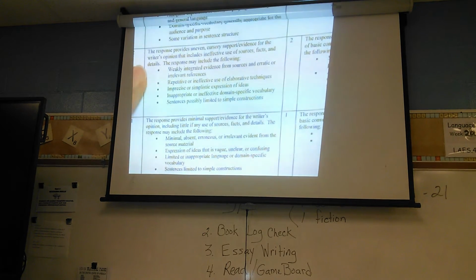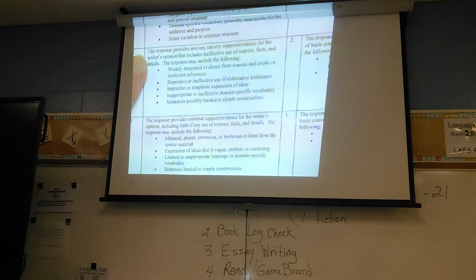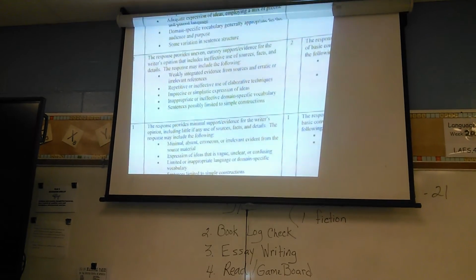The response provides uneven, cursory support, meaning it's not strong support. It's just kind of a surface support. That includes the ineffective uses of sources, facts, and details.